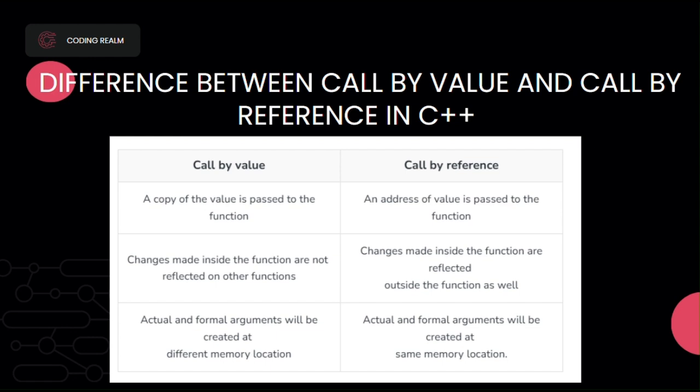In call by value, actual and formal arguments are created at different memory locations, but in call by reference, actual and formal arguments are created at the same memory location. This is the difference between call by value and call by reference in C++ language.